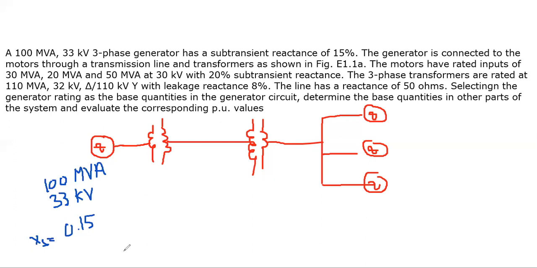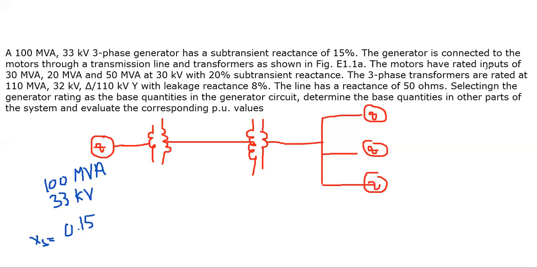So now see, this 0.15 is given on this rating. Please remember, this value of the sub-transient reactance is given as 0.15 if the rating of a generator is 100 MVA and 33 kV. Let us move ahead. This is an important point.